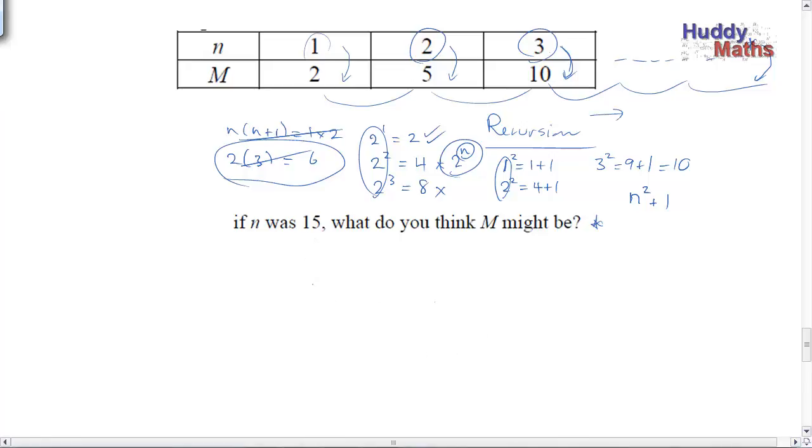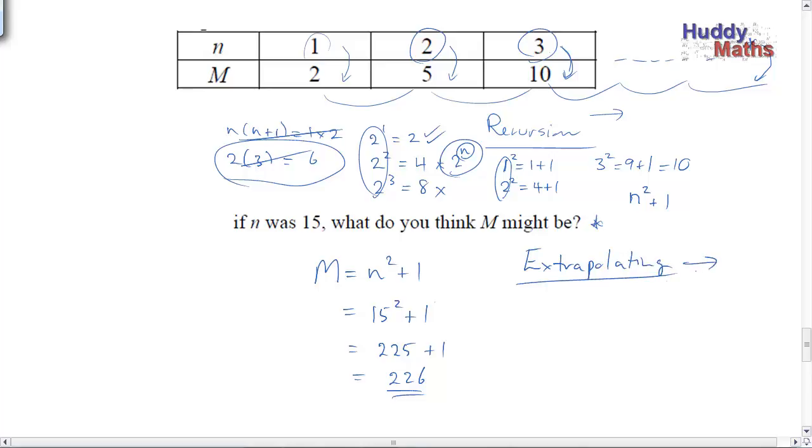So if n was 15, m should be n squared plus 1, which is what we've said. So if n is 15, 15 squared plus 1, might have to do this on the calculator, is 225 plus 1 is 226. That's if the pattern kept going. It doesn't always, does it? We are what's called extrapolating, doing extra points out along the pattern.